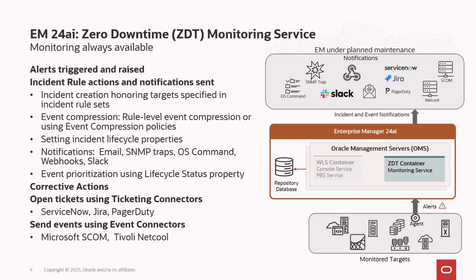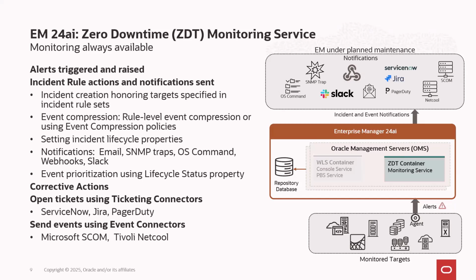In your incident rule sets, you probably specify a subset of targets, perhaps groups of targets for which you have different notification recipients, based on the type of target; that will continue to be honored. Also within your incident rules, you may have event compression policies, or you might have rule level event compression rules in the logic of your incident rules.